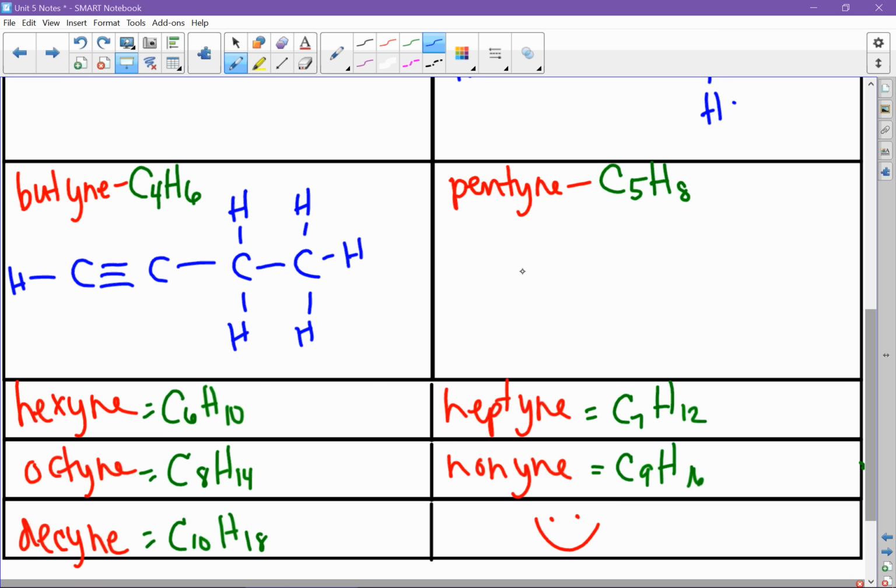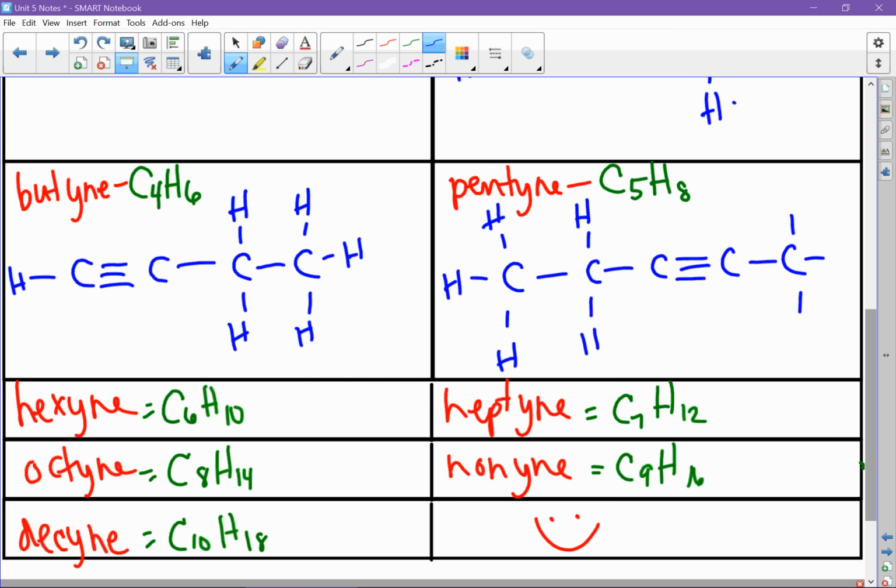And last one we're going to try is pentyne. 5 carbons. I'm going to put the triple bond here, but it doesn't matter. Give every carbon 4 bonds. Put hydrogens on the ends. And there are your 8 hydrogens.